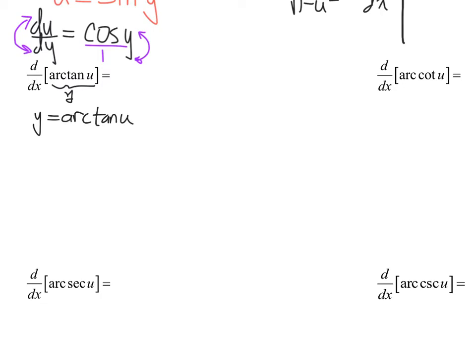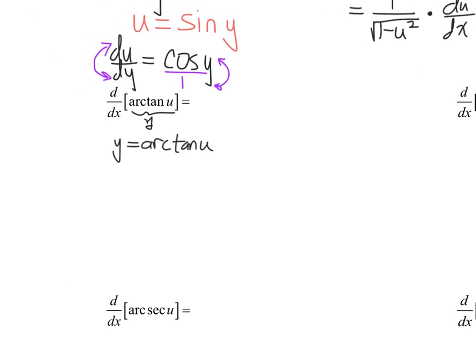Again, if we knew what the derivative of arctangent of u was, we wouldn't do any of this. At this point we would just say, here's my answer. But we don't have that benefit. We need to discover it. So what we do is we take the tangent of both sides, because we do know what the derivative of tangent is.